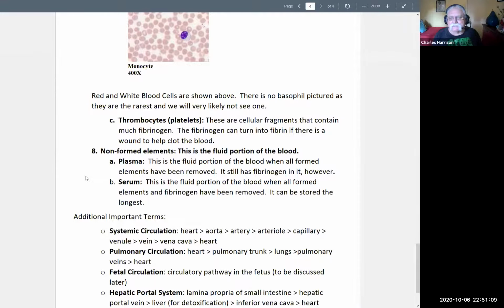The clotting agent is still there. We would prefer it not to be. And that can be either filtered or centrifuged out, but it's a longer process. If you remove the fibrinogen and the formed elements from the plasma, you have serum. Okay, the fluid portion of the blood when all formed elements and fibrinogen are removed. And it can be stored the longest.